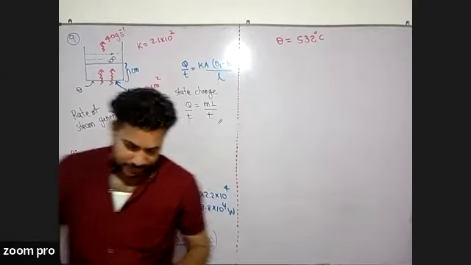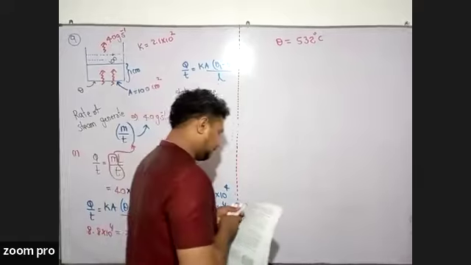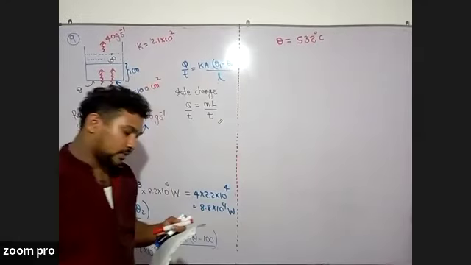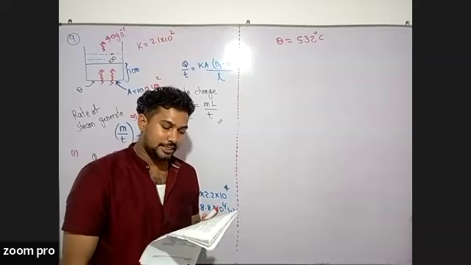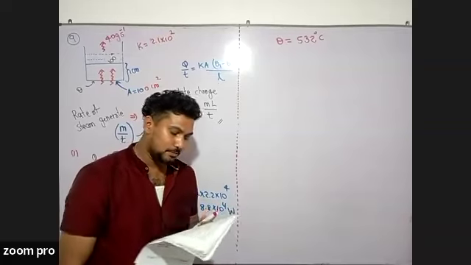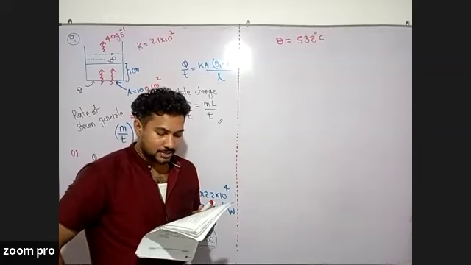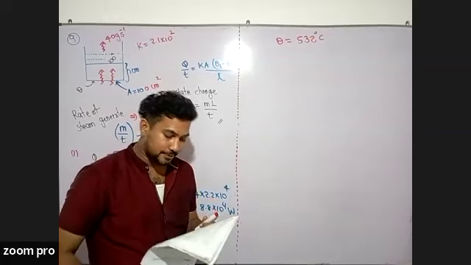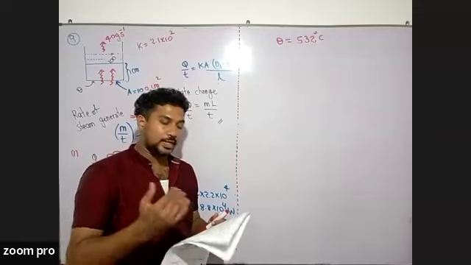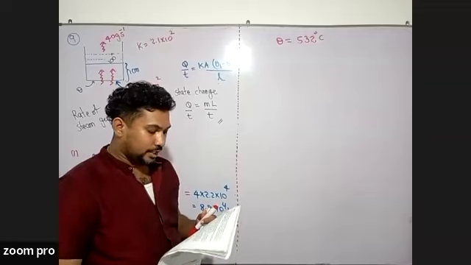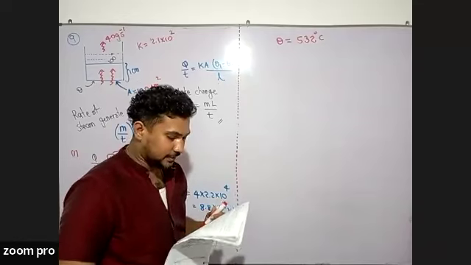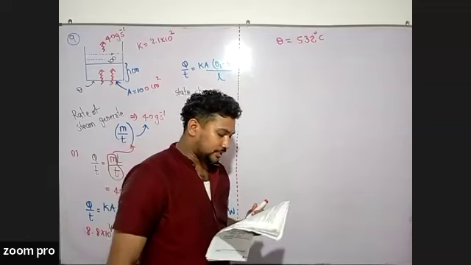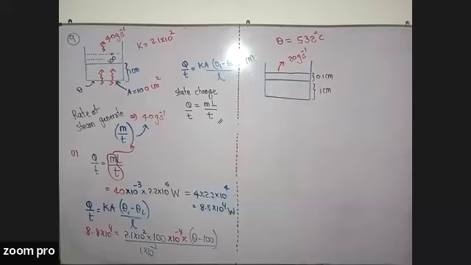Okay. Then in the second part of this question, after a long usage of the boiler, a thin uniform material layer is formed on the inner surface of the bottom, and as a result, steam generation rate is reduced to 20 grams per second. If the thickness of the material layer is 0.1 centimeter, calculate its thermal conductivity. Right.